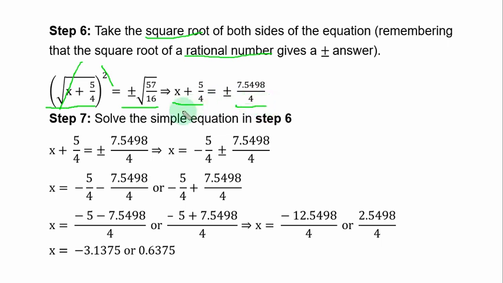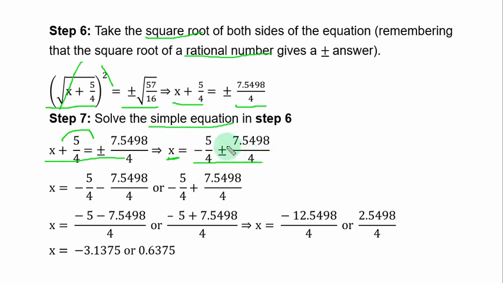So step 7, you solve the simple equation. This is the equation now. You transfer this term to the right hand side. You are left with s, which you are looking for. That term is positive, it becomes negative. Plus minus 7.5498 over 4.